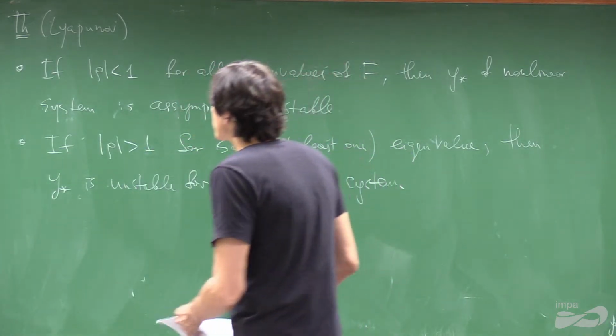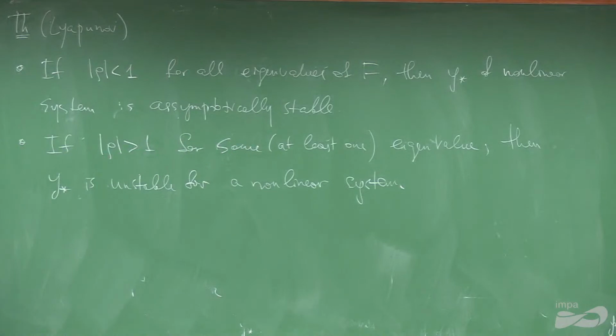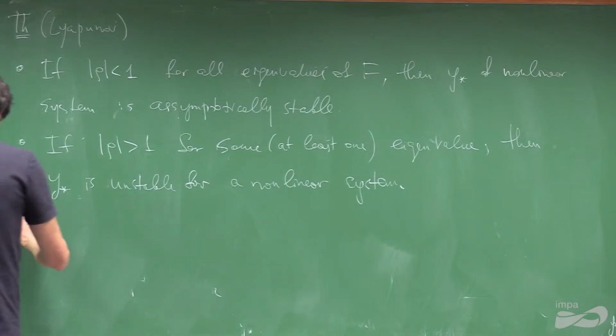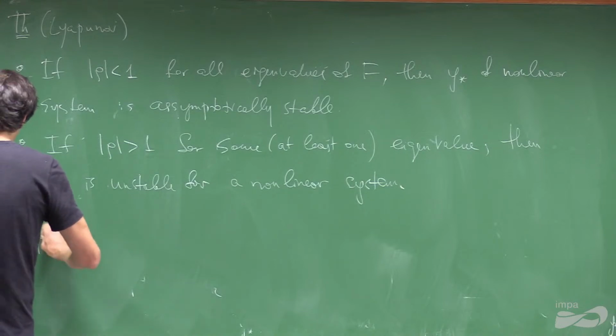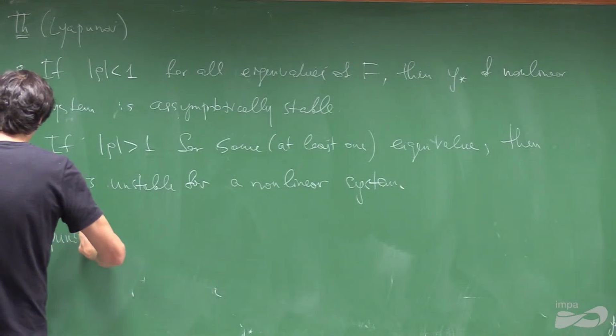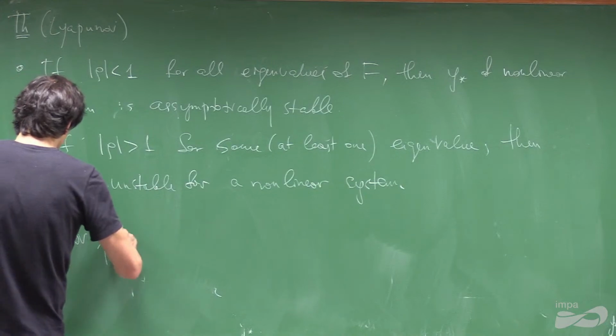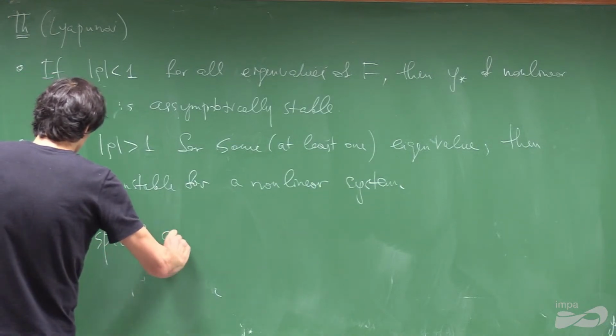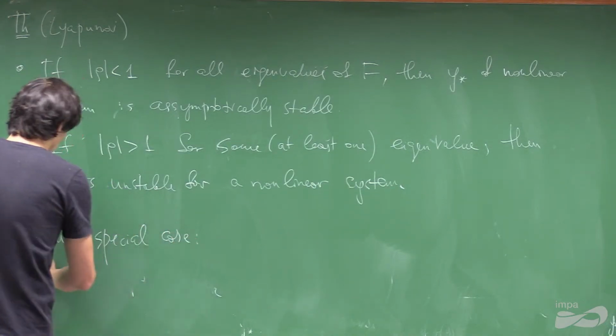So again, the same limitation. This is a sufficient condition, not necessary, and we only have two cases. So we don't cover all the possible situations. There is a Lyapunov special case when the theorem doesn't work.